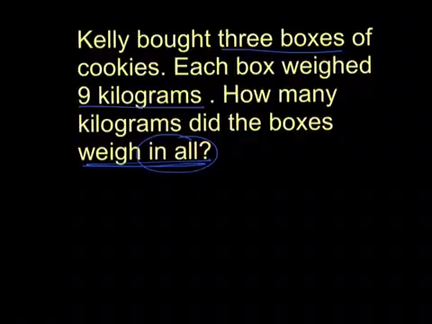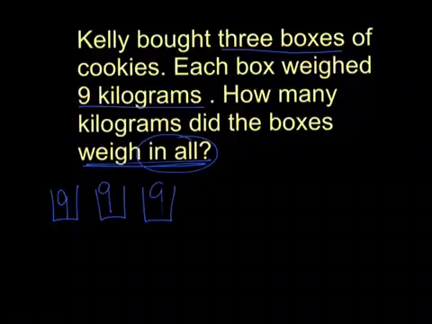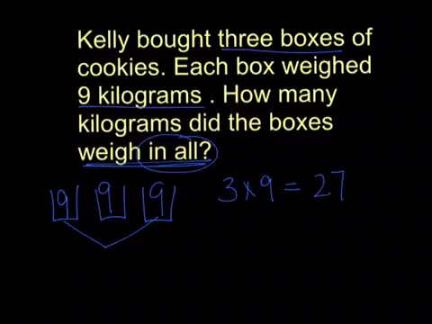It says I have 3 boxes of cookies, so I'm going to draw them out. I have 3 boxes of cookies, and it says that each box weighs 9 and 9. So I can see here that I have 3 groups of 9. And if I know groups of, I'm going to multiply. And 3 groups of 9 is 27. So they weigh 27 kilograms in all.